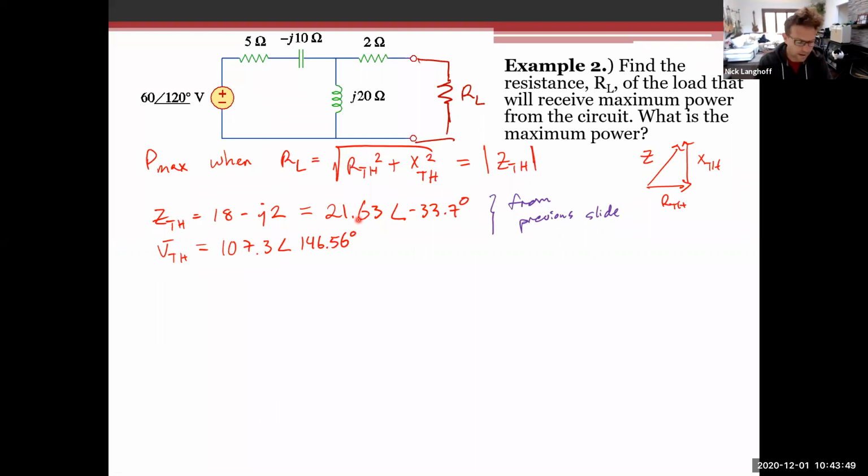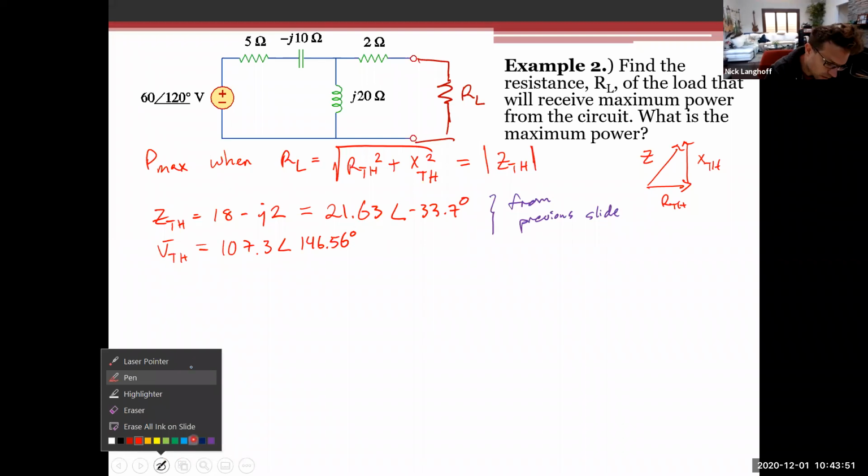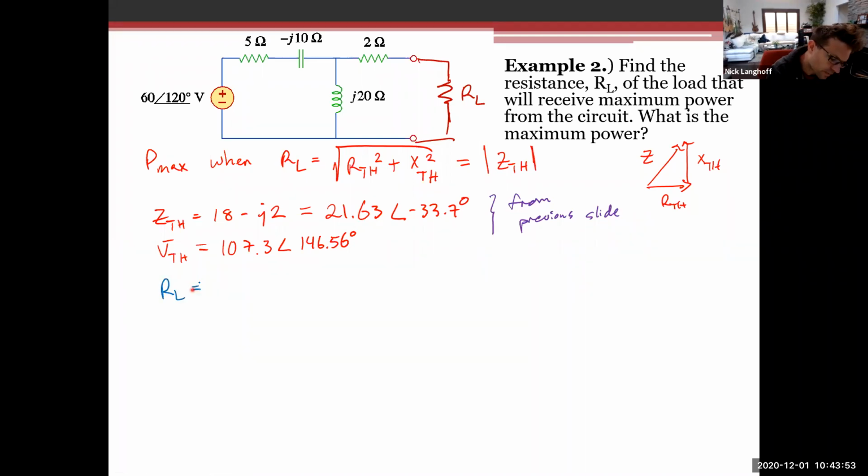So RL then should be the square root of R Thevenin squared plus X Thevenin squared. So this should be the square root of 18 squared plus X Thevenin, which is 2, squared. Did I have my notes wrong?